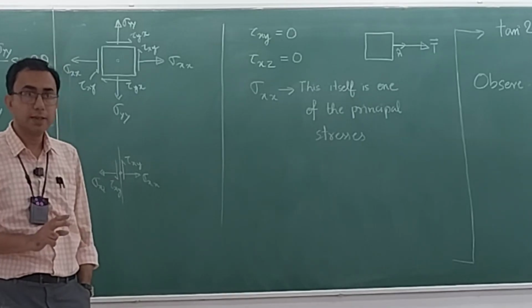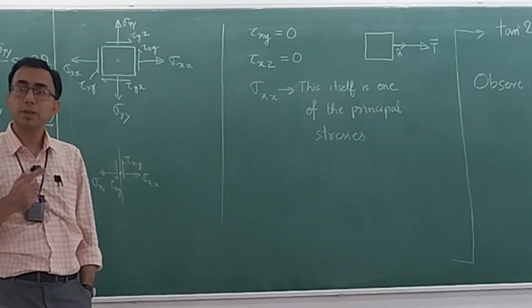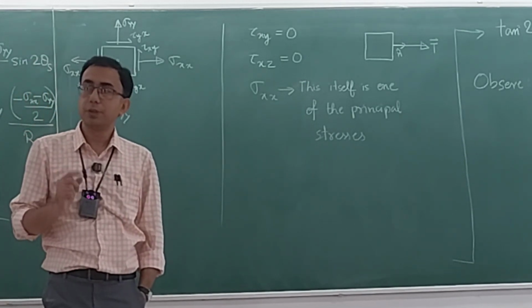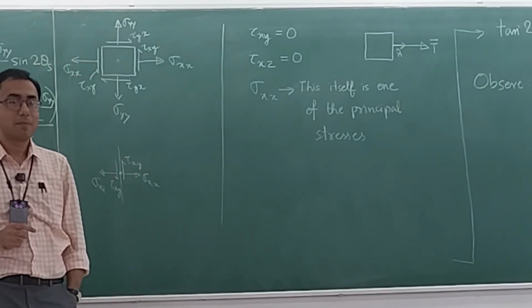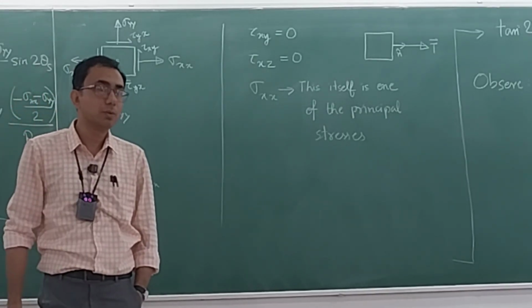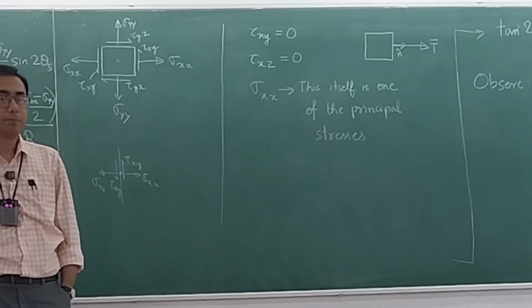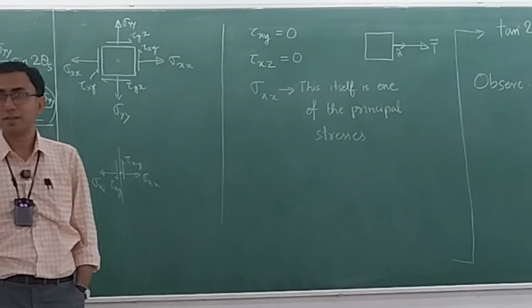We have just now seen that if the shearing components of the stresses are 0, then the normal stress component will be one of the principal stresses. Forget the Mohr circle. Is there anything special about sigma zz equal to 0? Exactly. Very good. That is the correct answer.